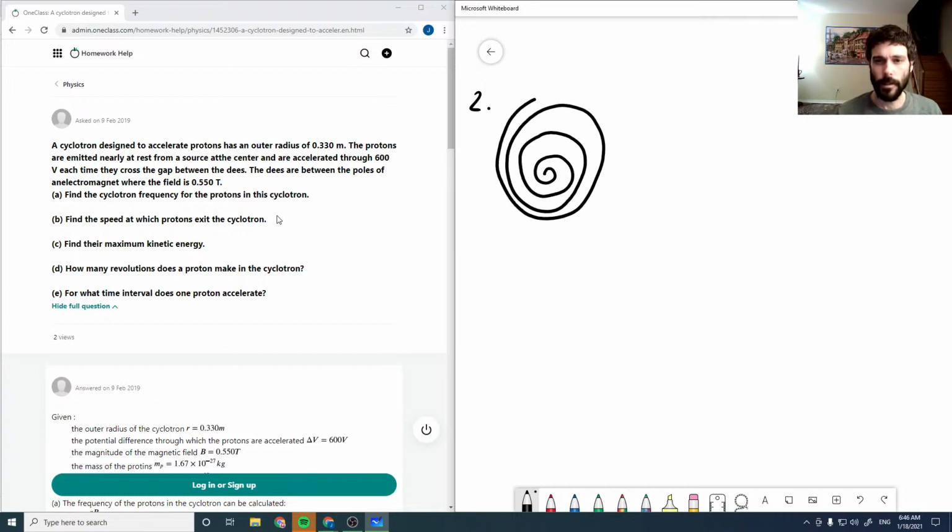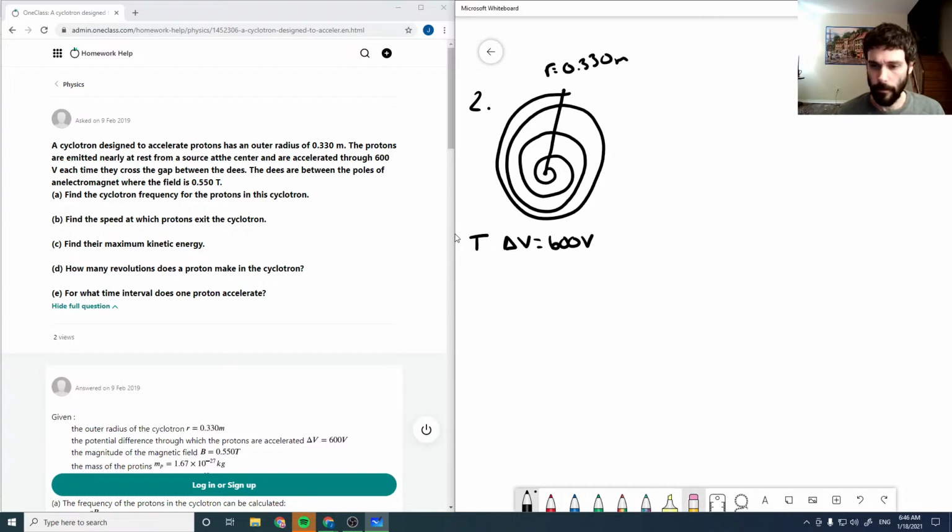If I can draw the spiral with an outer radius of 0.330 meters, and they're emitted nearly at rest from a source at the center. And each revolution, so each period, is a delta V of 600 volts.